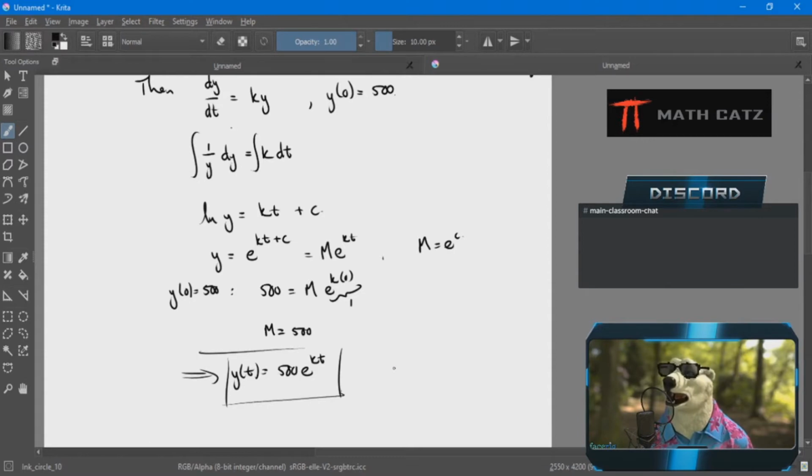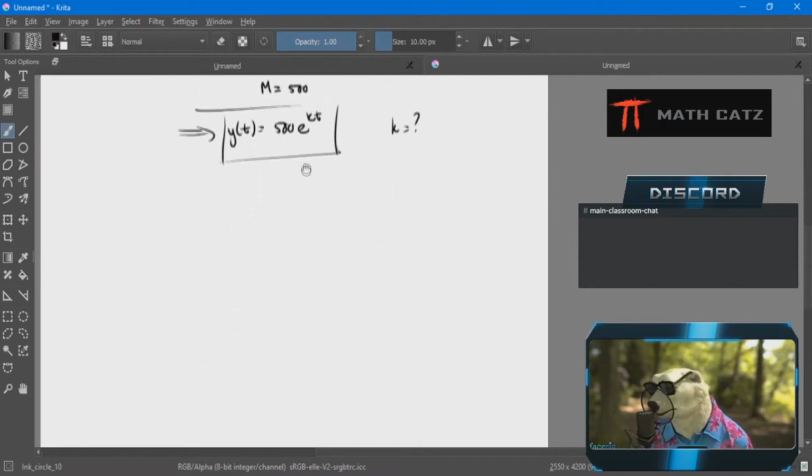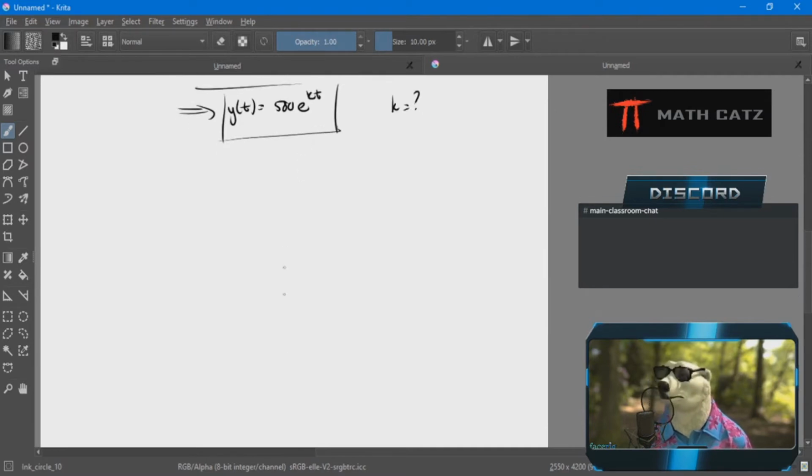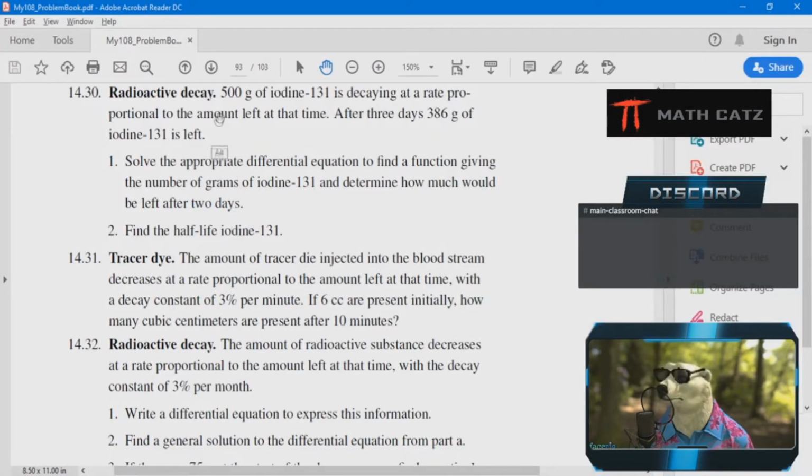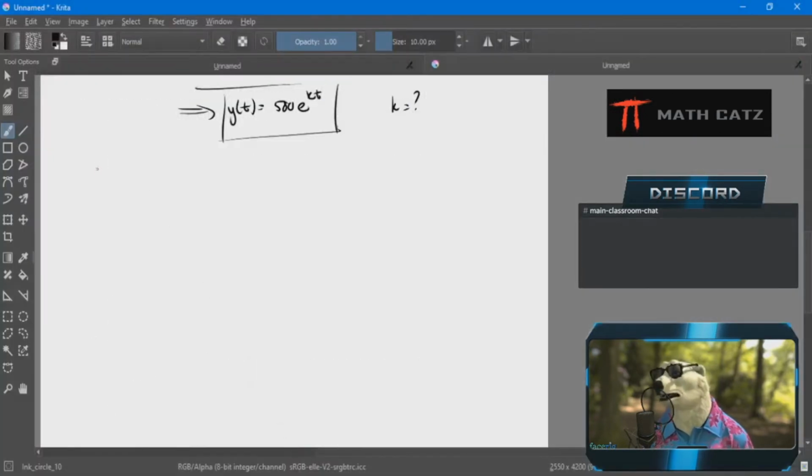So now I need to know what is k, the decay constant. And that's why they give me this other bit of information. They tell me, in addition to the 500 I start with, that after 3 days, 386 grams will be left. So at 3 days, I have 386 down from 500.